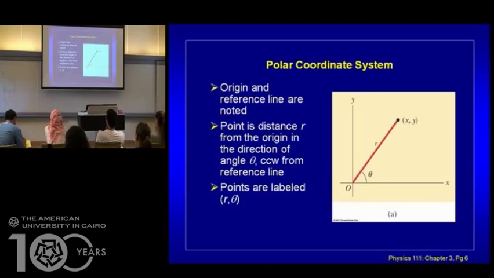Good. What is cosine theta? X over R. So if we know X and Y and R, we can easily get the angle theta.